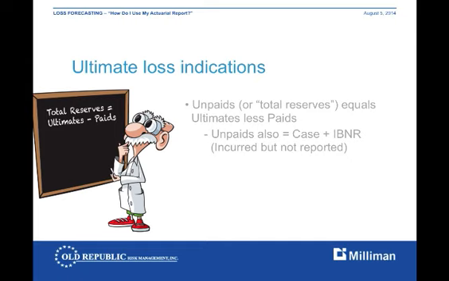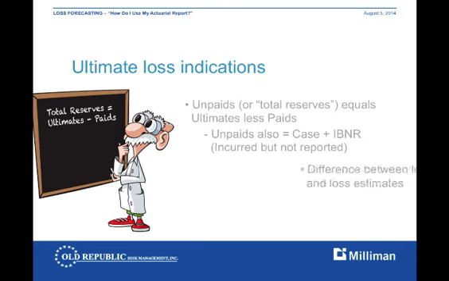When an actuary calculates an ultimate loss indication and then subtracts out the amount paid for a particular year, an unpaid estimate or total reserve is calculated, and that reserve is made up of two primary pieces of information: the case reserve for known claims plus IBNR, which is the incurred but not reported.